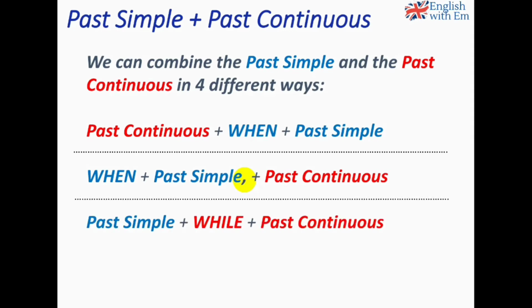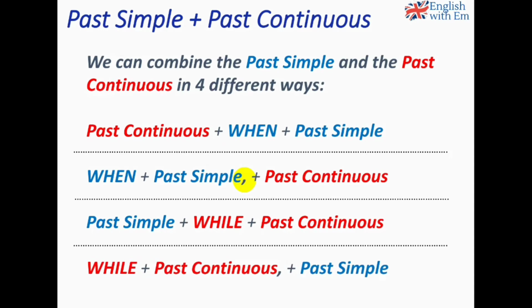We can also start with the past simple and then introduce the past continuous with while, or we can reverse that and start with while and the past continuous, followed by the past simple. And in that case, we need to use a comma. Now let's look at some examples of all 4 of these structures.